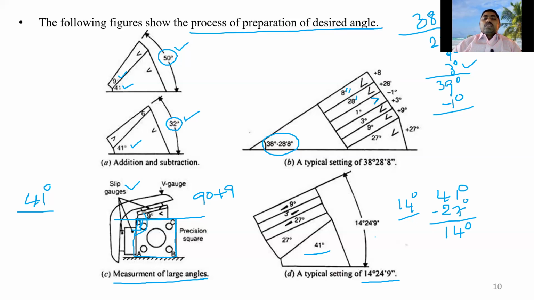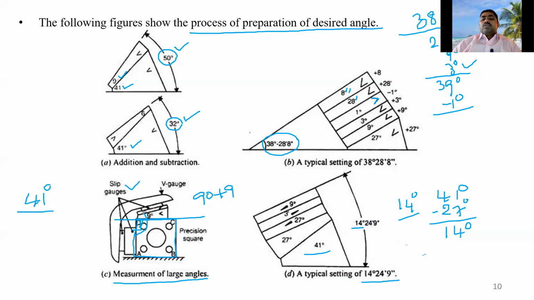So I have to select the minimum number of angle gauges to avoid error in measuring the dimension of the angle. Now I got 14 degrees. Then there is no 24 minutes slip gauge.